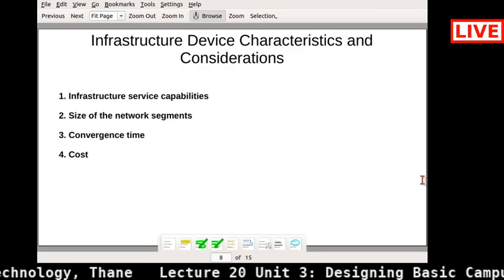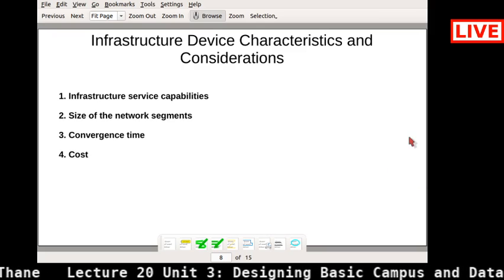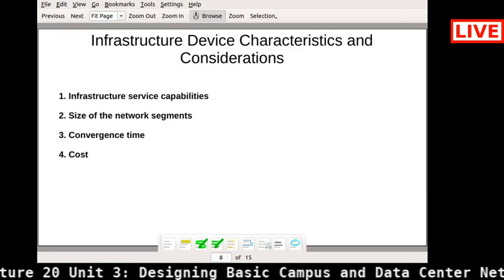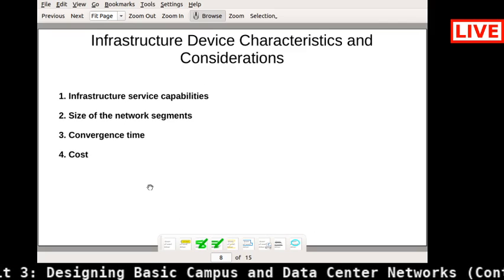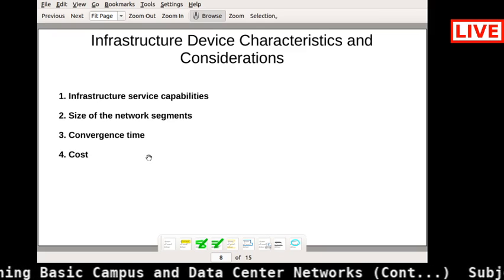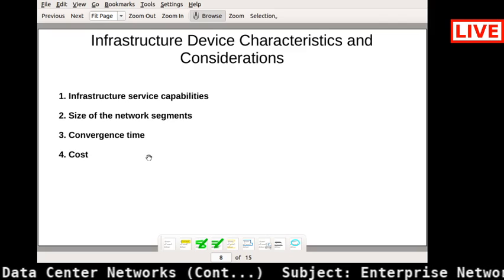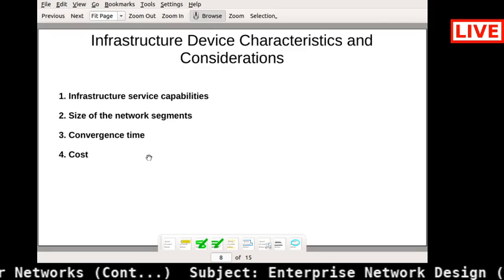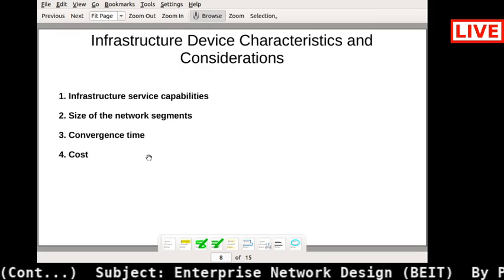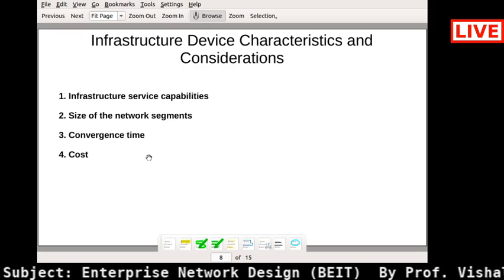For example, the factors I have listed here, the first one, the infrastructure service capabilities. Whatever network services you are using for your organization, you need to think about the qualities or capabilities of those networking services.